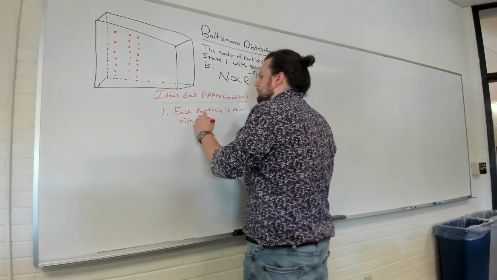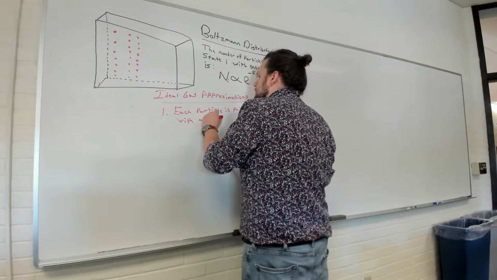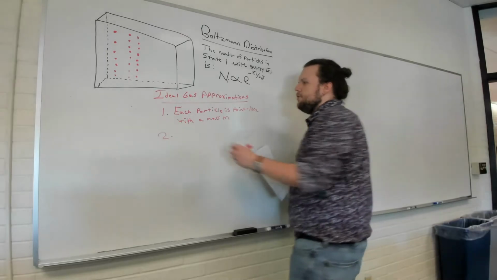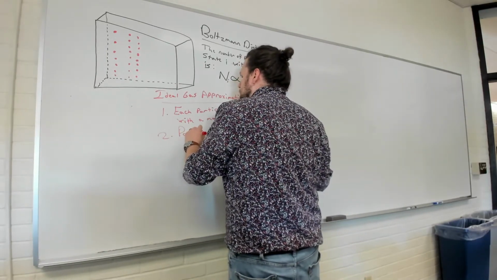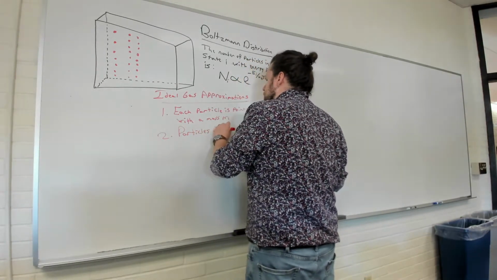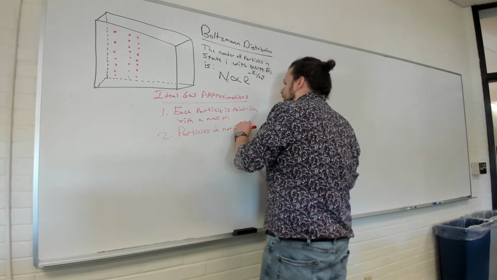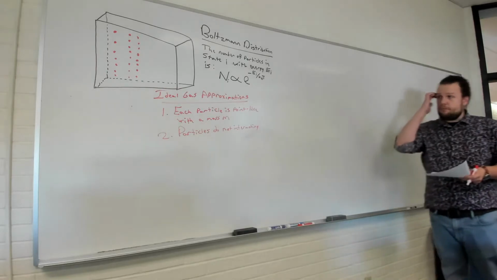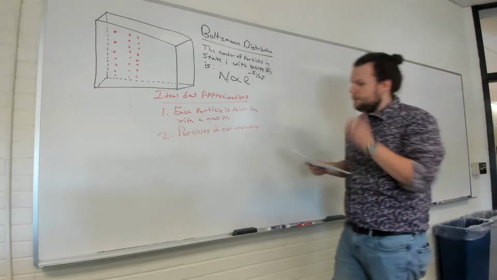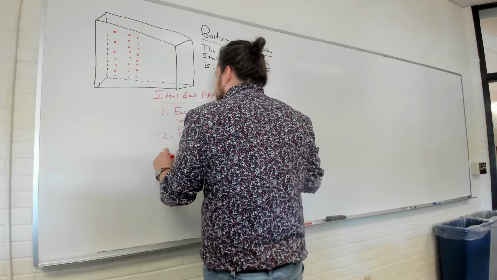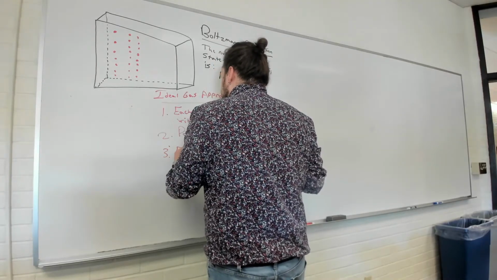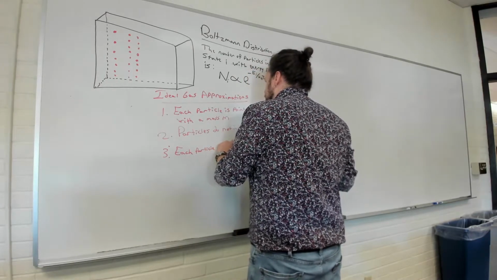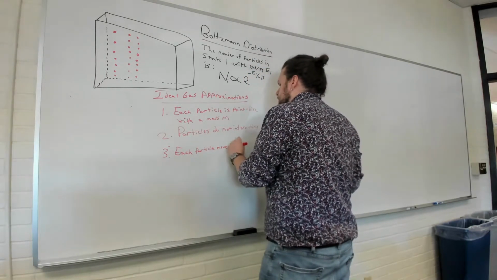It's just a point with a mass. 2 is that the particles don't interact. It is a free model, if you will. There's no attractions or repulsions. They're just billiard balls. Each particle moves randomly in accordance to Newton's laws of motion.